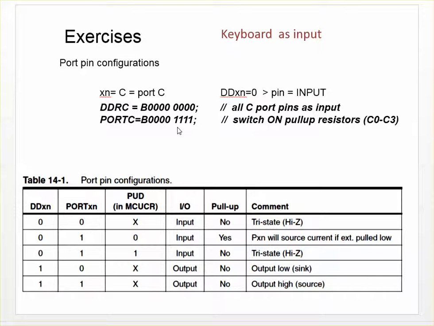And if you would like to activate the pull-up resistors for the 4 lowest bits, we write to the port register. Here we defined the C port as an input port, but if we write 1s to the 4 lowest bits of that port, the pull-up resistors are switched on for bits C0 to C3.